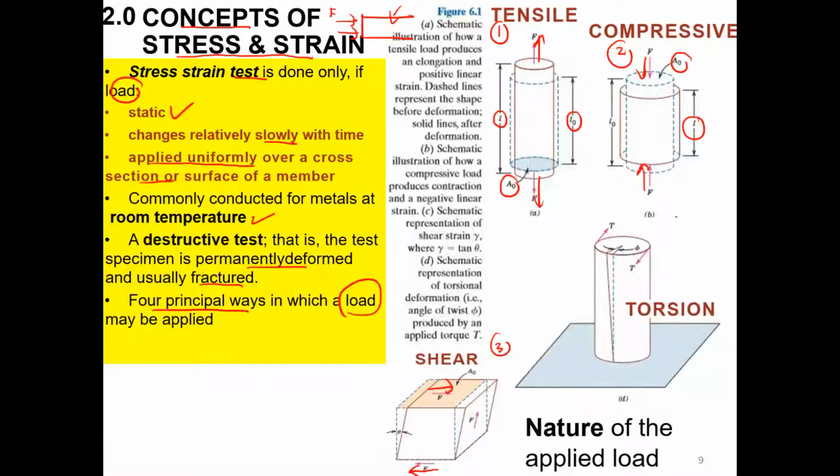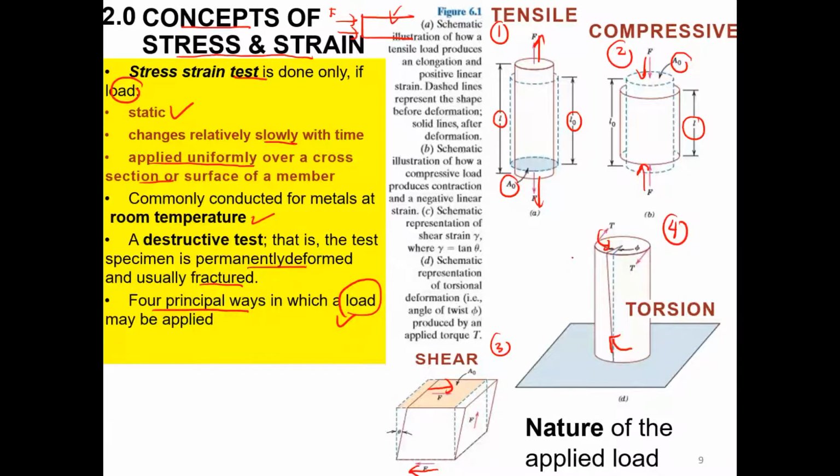And number 4 is the torsion test, whereby you twist the specimen and see how much twisting is possible for how much twisting force. So these are the four types of loading that explain the stress-strain behavior.